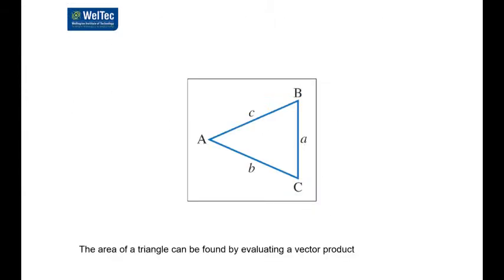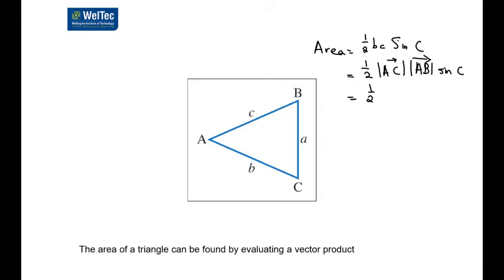We can find the area of a triangle such as the one given there, and we can say that the area is equal to 1/2 BC sine C, which you'd know anyway, and now we can rewrite that as 1/2 AC times AB sine C, which we can work backwards and say, well, that's the definition of the length of AC cross AB.